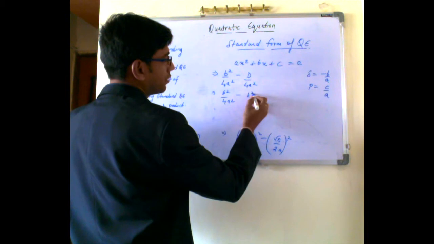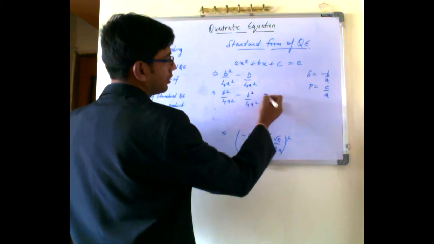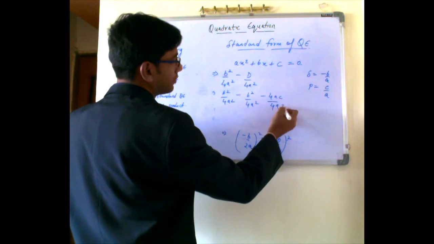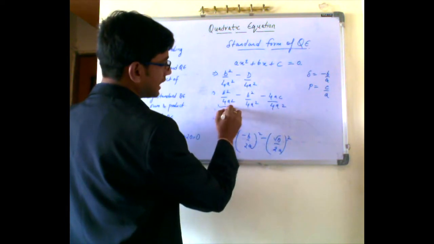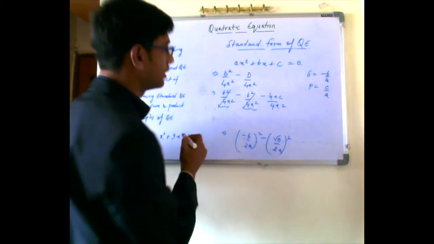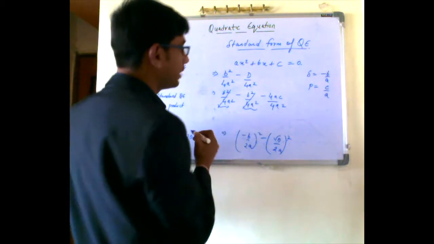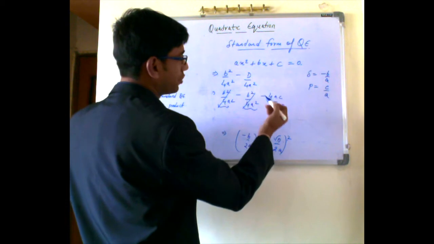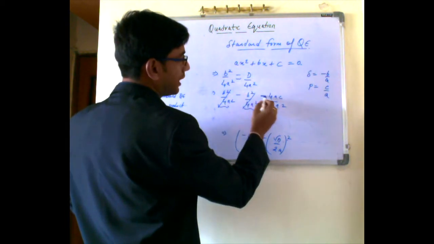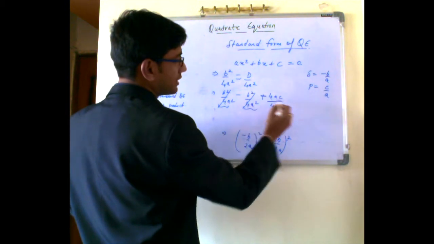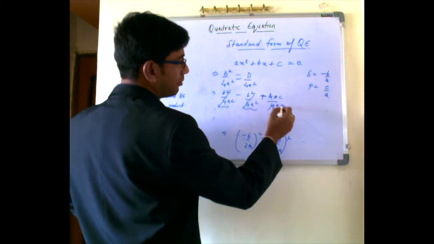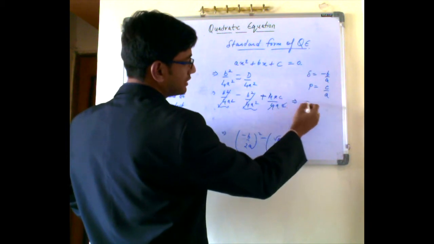So this is b square upon 4a square minus (b square minus 4ac) upon 4a square again. Okay, so this term cancels out with this term. I am left with only minus 4ac upon 4a square. But I have to carry this minus, which I just forgot. So this is minus of minus, so this becomes plus again. I cancel 4 by 4. I cancel a by a. I am left with only c upon a.